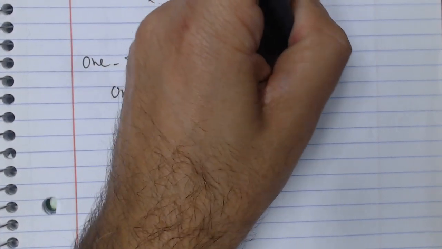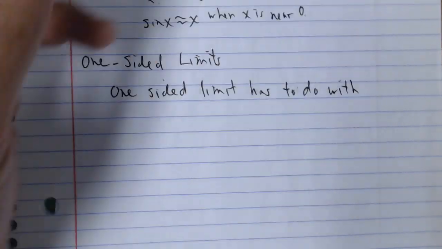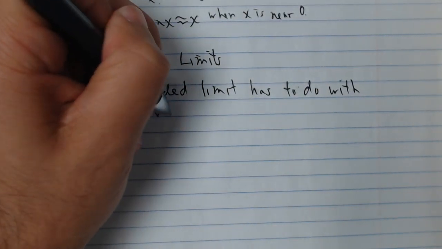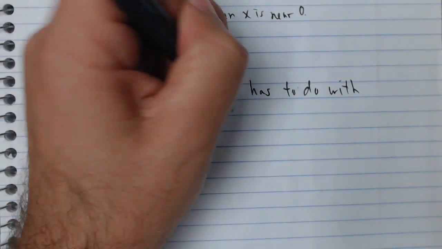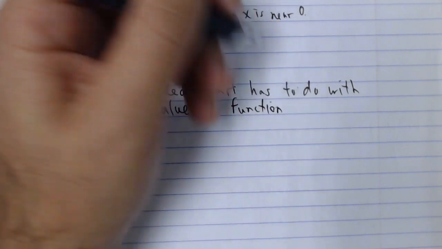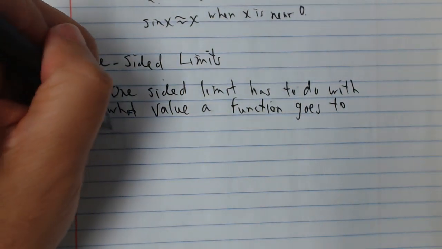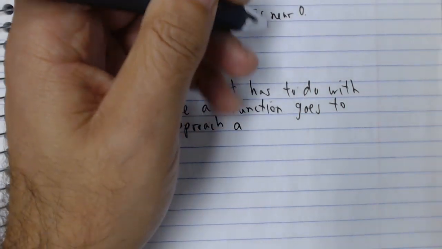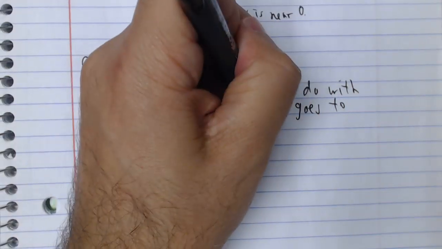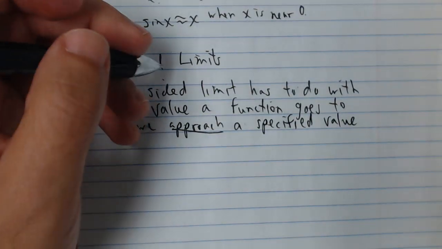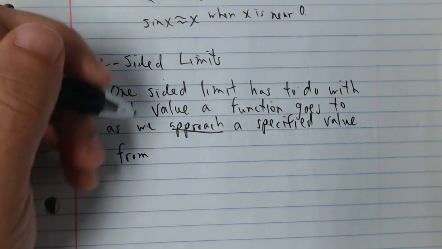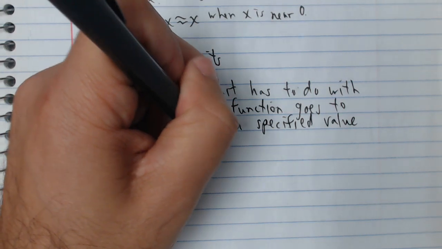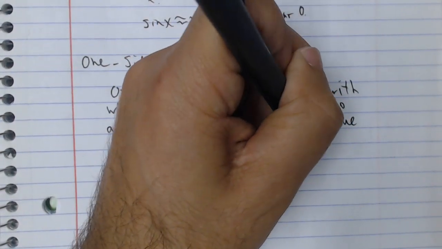has to do with what value a function goes to as we approach a, and the keyword is approach, a specified value from one side of it only.